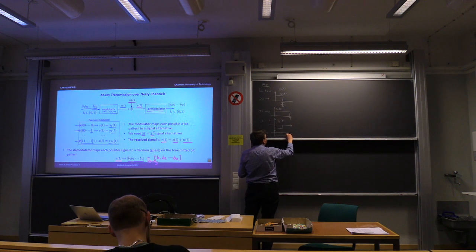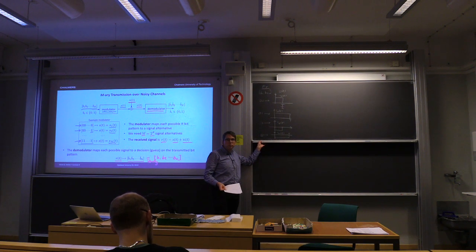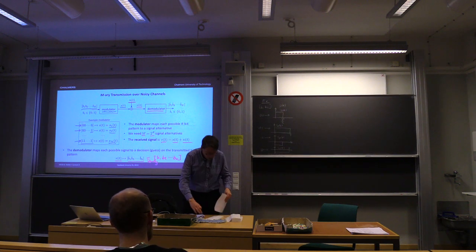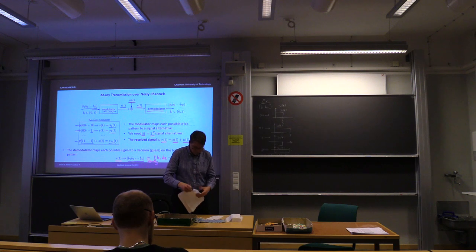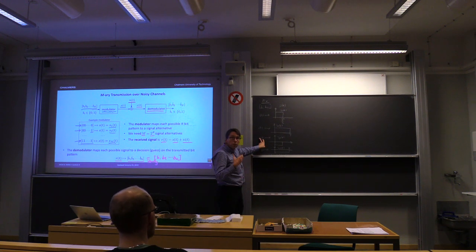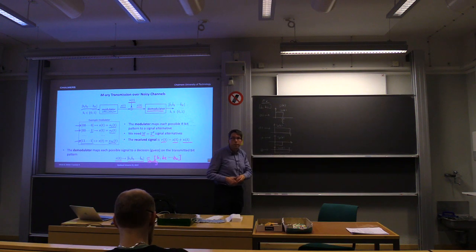And let's go with a full negative signal like this. And this is S4 of t. Okay. So this could be one example of a modulator. So 2 bits in, 4 possibilities, 4 signal alternatives.